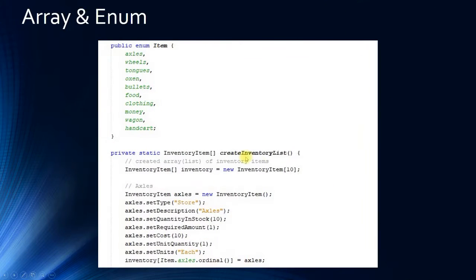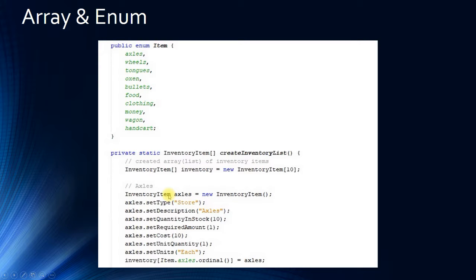So here's an example of array and enum. For inventory management, we have an enum called item, and all of the possible items in the store are defined here as constants. And then in the create inventory list, we create an inventory array of 10 items.